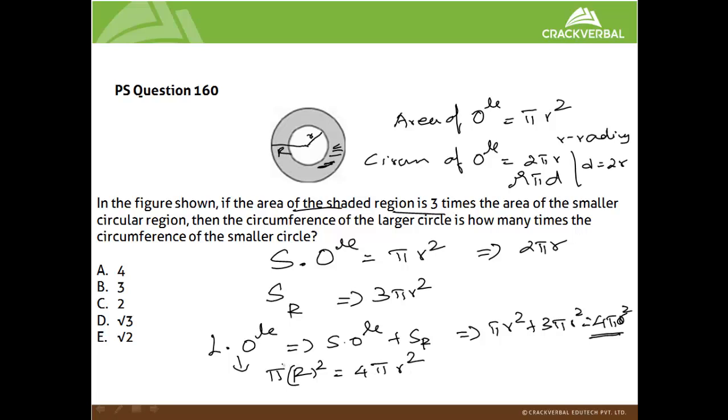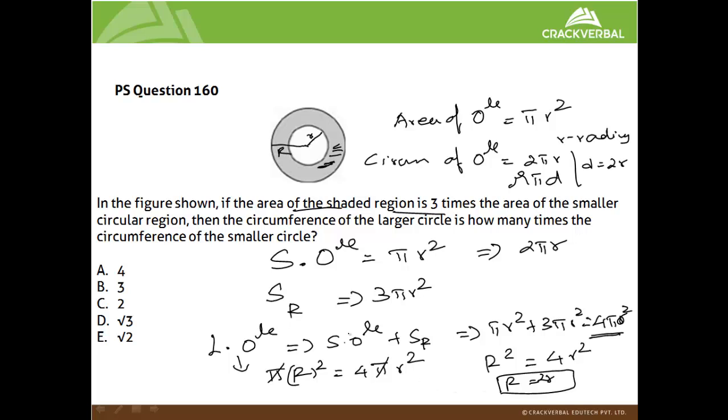Cancelling pi, we have R square equals 4 r square. Taking the square root, R is nothing but 2r.